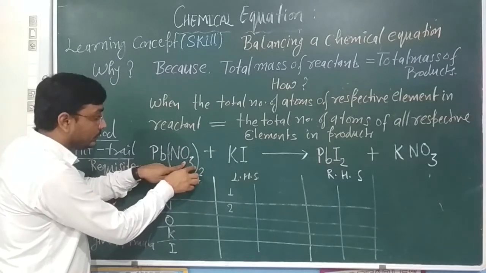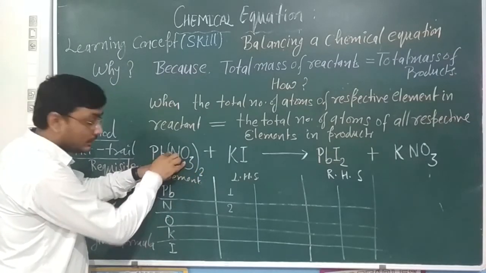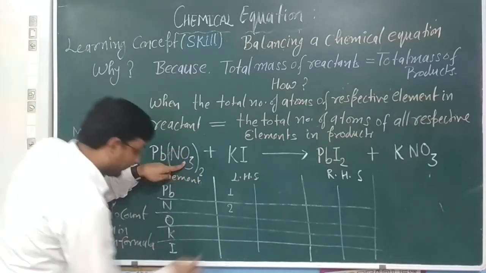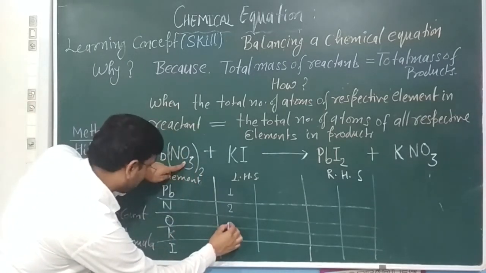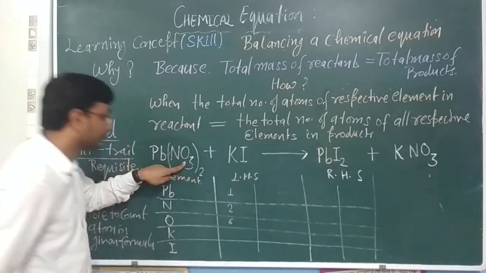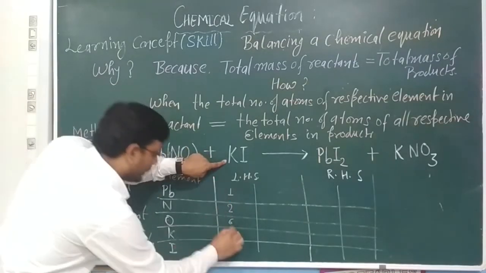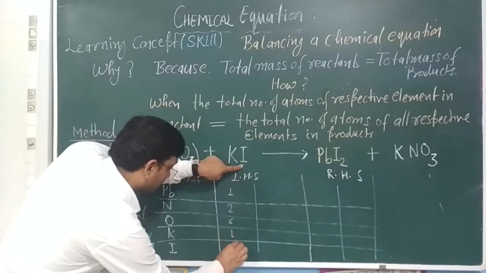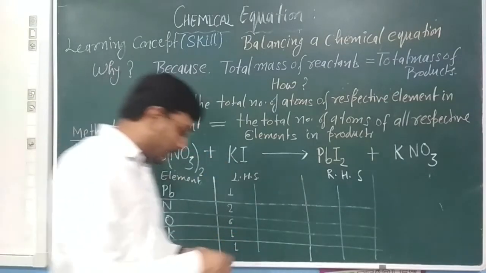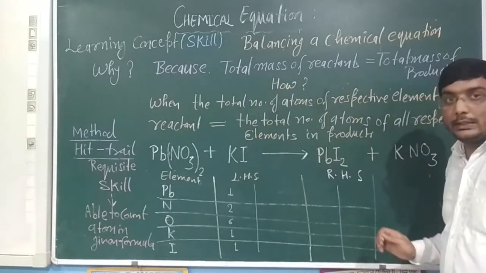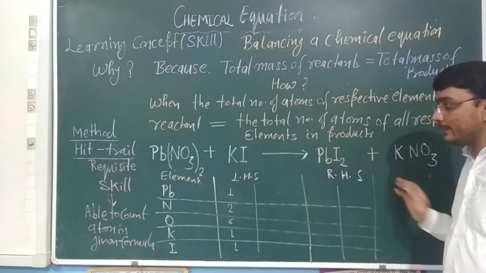So 2 into 3 into 1. So 2 times 3 is 6, 6 times 1 is 6. Oxygen will be 6. Now another, potassium. How many? 1. Iodine 1. Now estimate the atoms present on the product side.